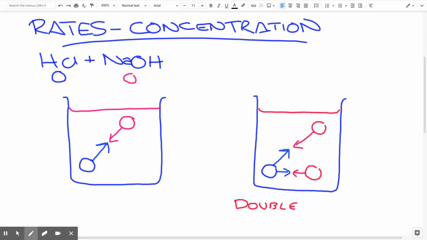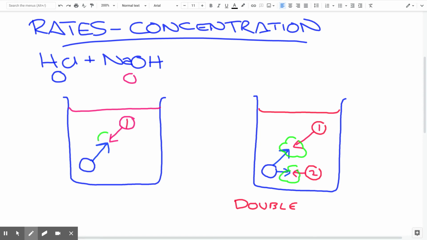Again, arbitrary numbers, but we can see that we've now got twice as many particles in the second diagram as we had in the first diagram. And so this allows us to see that there are now twice as many possible collisions.